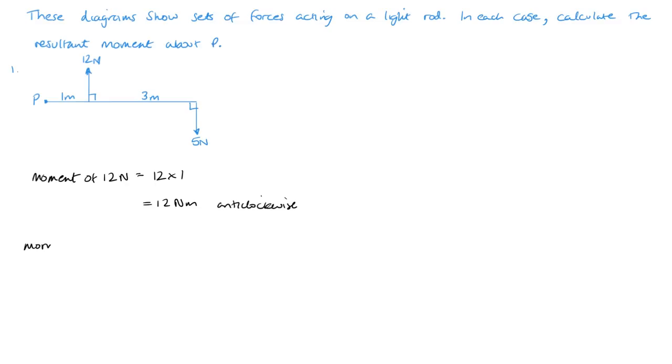Now let's look at the moment of the 5 Newton force, and that's going to be 5 times 4, which is going to be 20 Newton meters, and this is taking it round clockwise.